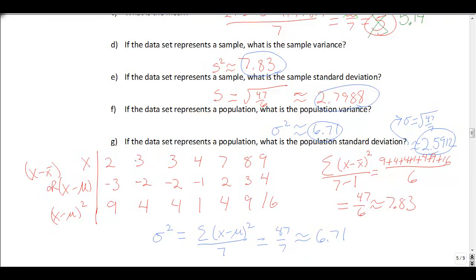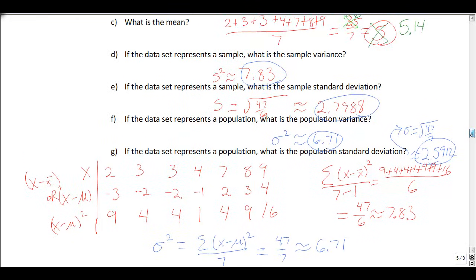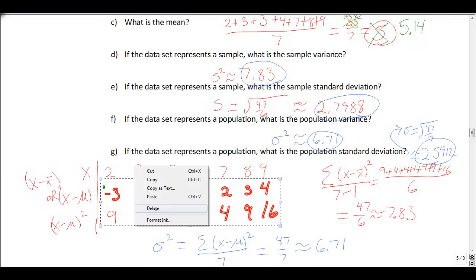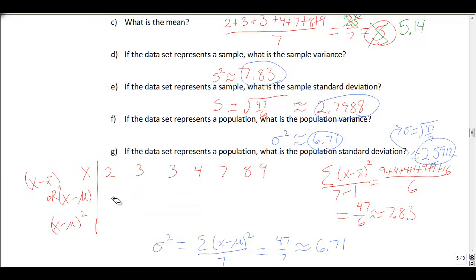Note, we've got the right data values, but this mu that we're subtracting is now the 5.14. So what I would want to do here, let's see, 5.14. I'm going to have to delete all of these numbers. Go away, delete them, missed that one here. So when I do the x minus mu, it's 2 minus 5.14. That's going to be negative 3.14. It's going to be negative 2.14.